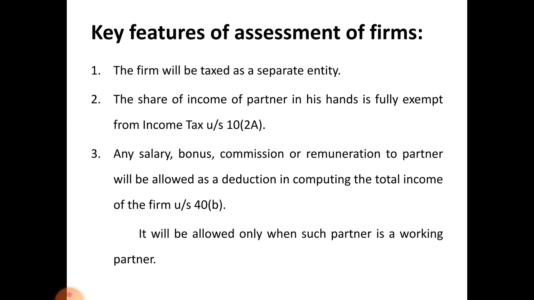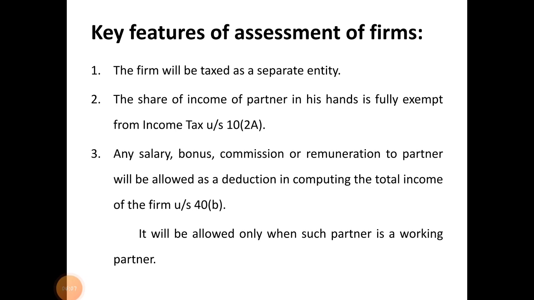Next, any salary, bonus, commission or remuneration to a partner will be allowed as a deduction in computing the total income of the firm under Section 40 subsection B. It will be allowed only when such partner is a working partner.